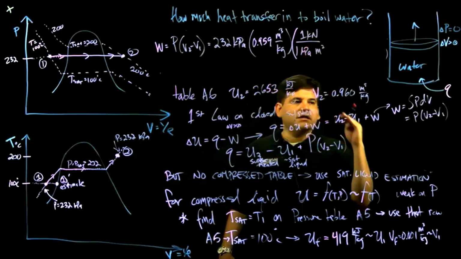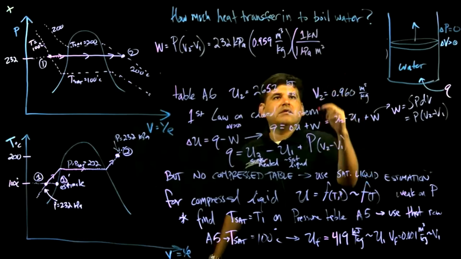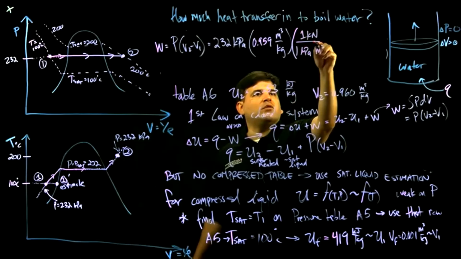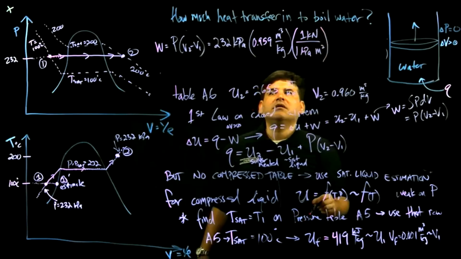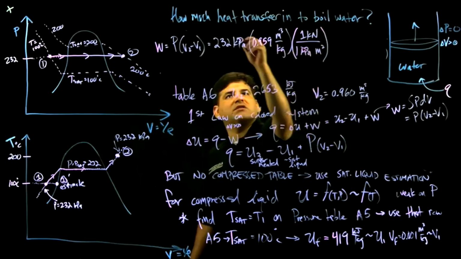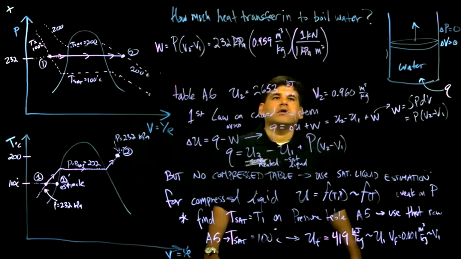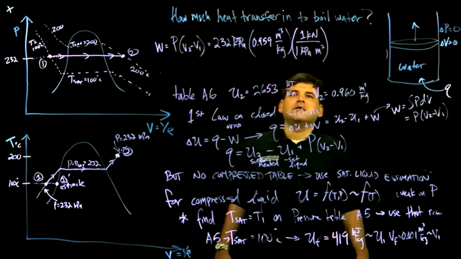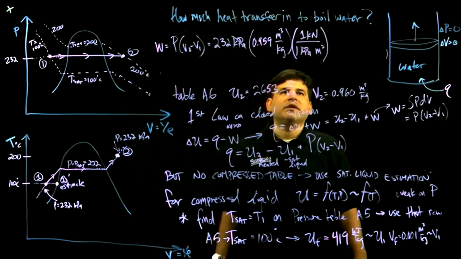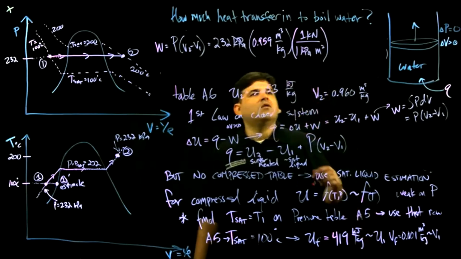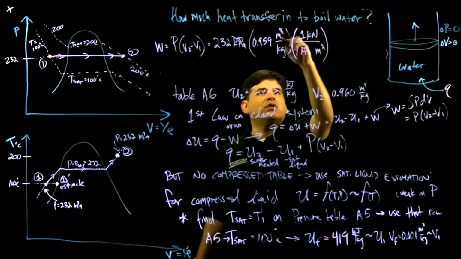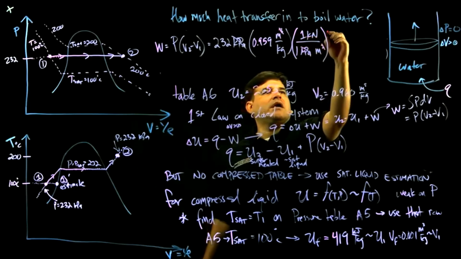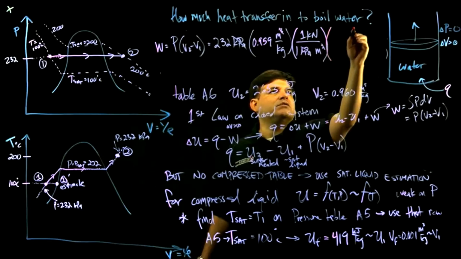A pascal is a newton per meter squared. So I'm doing a ratio here where this equals that, so it's a ratio of 1. If I do it this way, this will cancel out here. So we have kilonewtons, and we're basically done because these 3 meters cancel out the 2. You're only left with 1 meter, and that's basically joules, kilojoules.